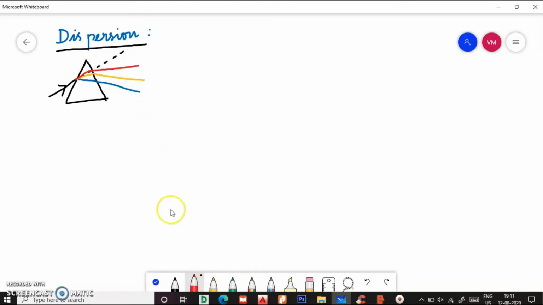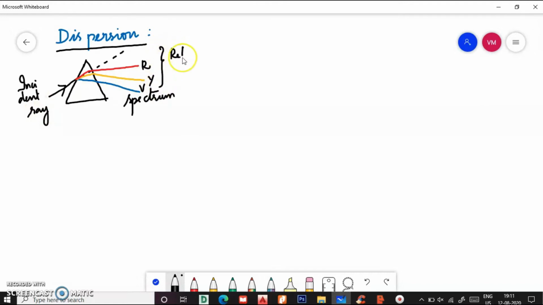I mark the 3 extreme colors, and this spectral band of colors is termed the spectrum: violet, yellow and red. I am also marking the incident ray. All these colors are nothing but refracted rays.